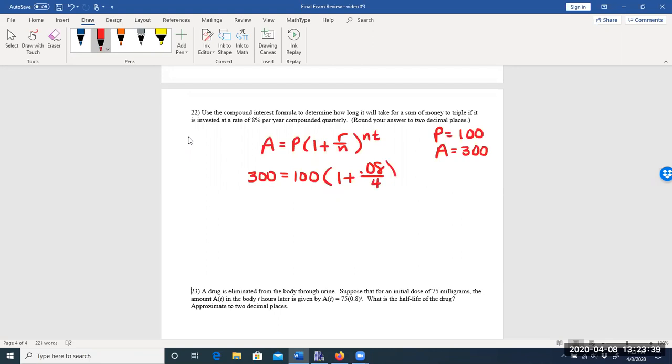Compounded quarterly means 4 times a year. That n we see in the denominator also appears up in the exponent. And then t is what we are looking for. That's what we're solving for. The first thing you're going to want to do is just to divide both sides by 100.